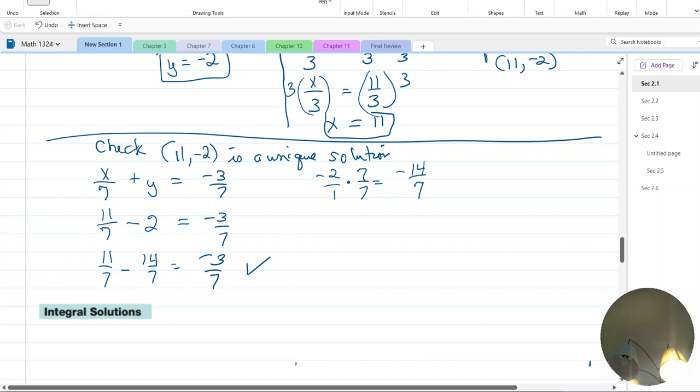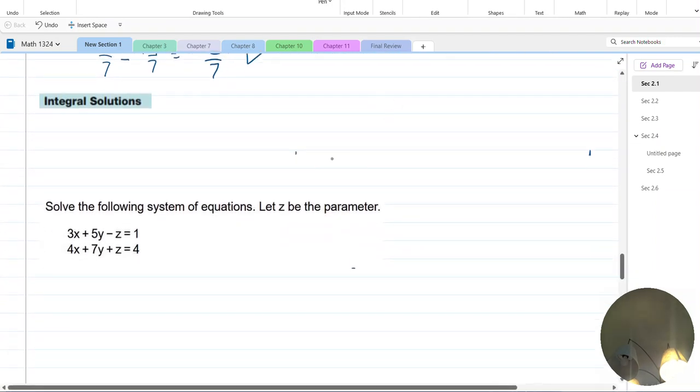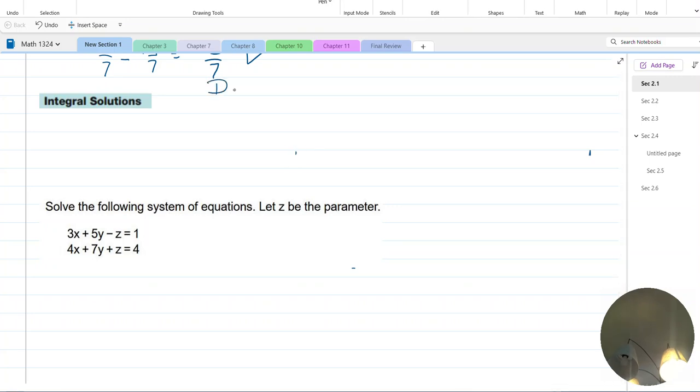All right. Now, we're going to start the second part, and I'm going to start with first talking about integral solutions. And what I want to discuss first is we had two variables, X and Y in our system of equations.